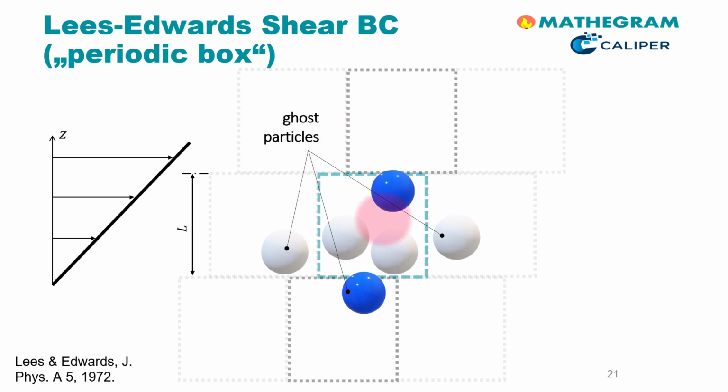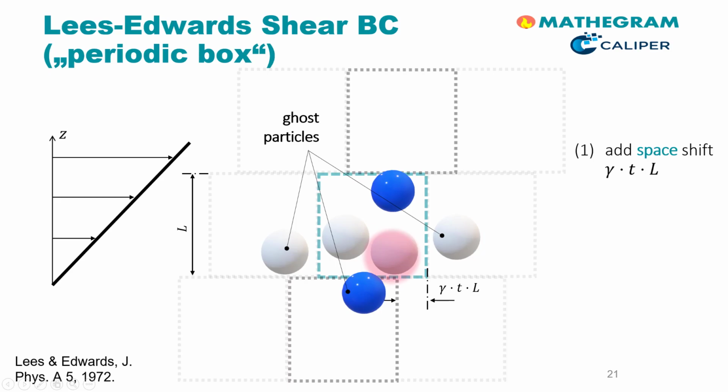Now we have to think of how we can induce a shear motion in the simulated domain. The first step to do this is to add a space shift for ghost particles that are added in the z direction.